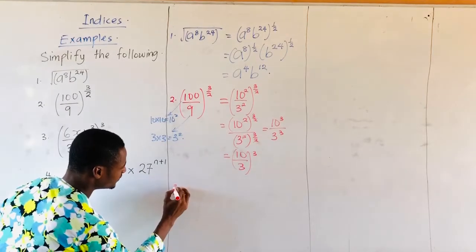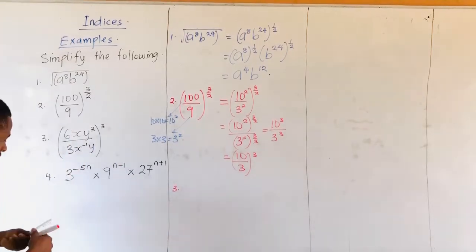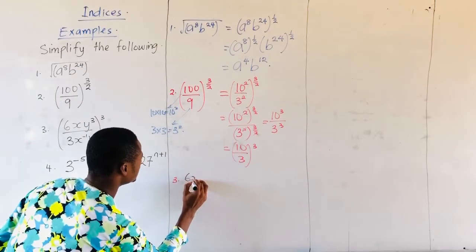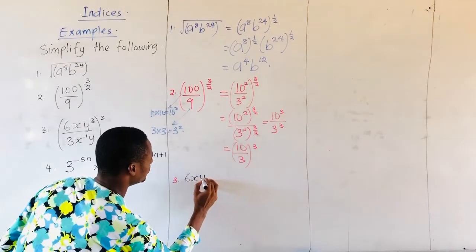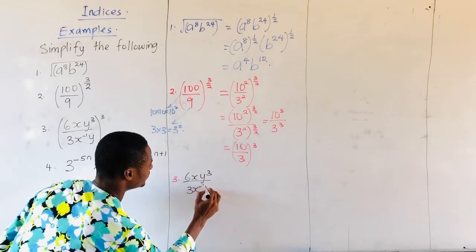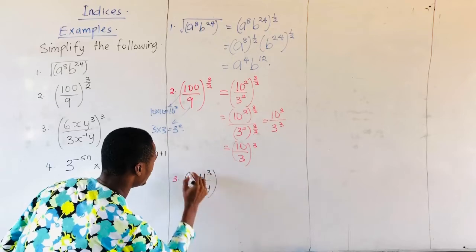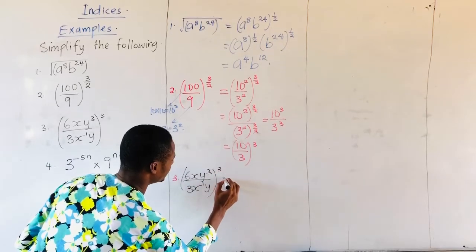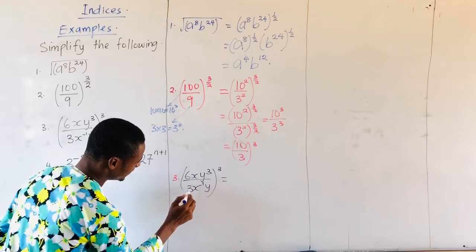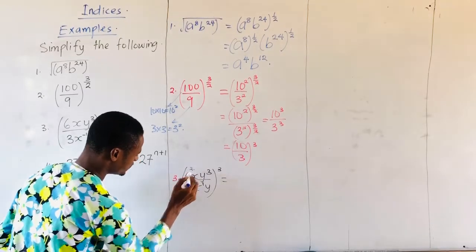Then our third question, we have 6x y cubed over 3x negative 1y, all raised to the power 3. And that gives us, first you should know 3 can cancel 6 to give us 2.